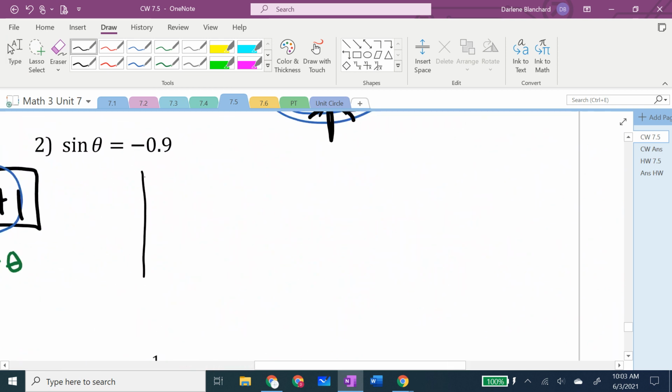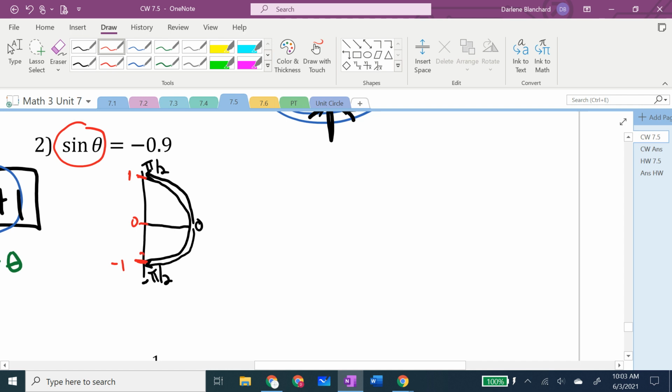If I'm dealing with sine, I want to repeat that my calculator will only give me a number from 0 to negative pi over 2 or somewhere from 0 to pi over 2. Since sine represents y values, and I know that this y value is -1, this y value is 1, this y value is 0, and I know some of those other special numbers.